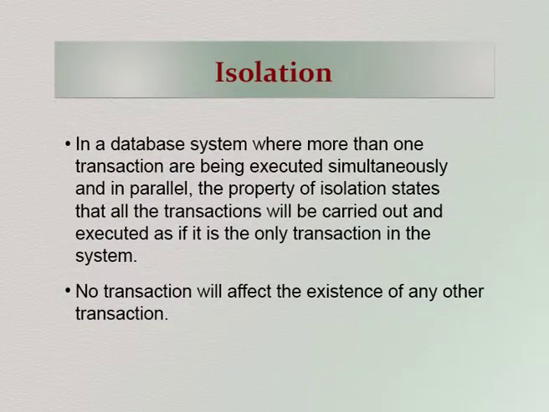The next property is the isolation property, which talks about the updates. In a database system where more than one transaction is being executed simultaneously and in parallel, the isolation property states that all the transactions will be carried out and executed as if each is the only transaction in the system. It should not mix up with other transactions, and when some operations are going on in parallel, it should not interfere.